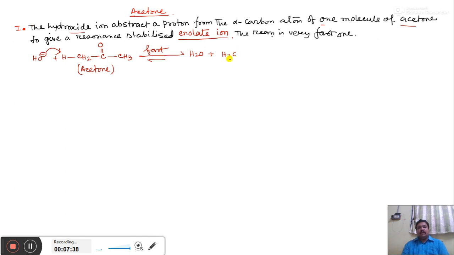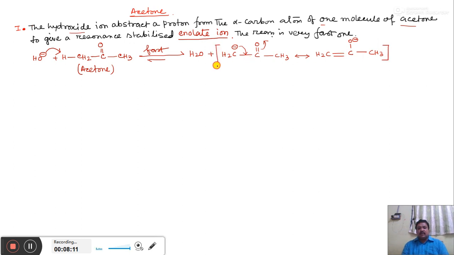The structure of the enolate anion is H2C negative single bond C double bonded O, then single bond CH3. Now this enolate is much more stable, and the stability is obtained by resonance, and its chemical structure is H2C single bond C single bond O minus, H2C double bond C single bond O minus single bond CH3.